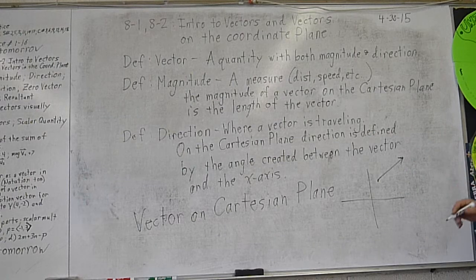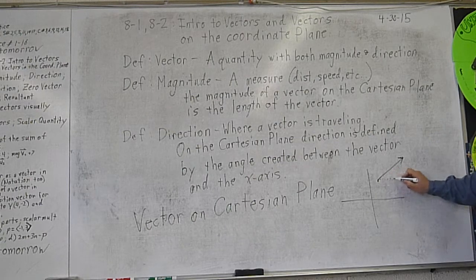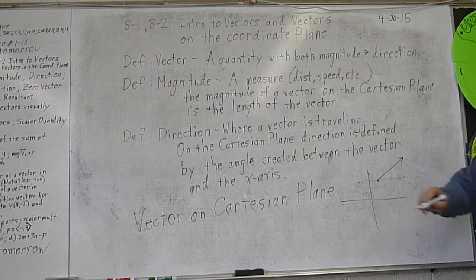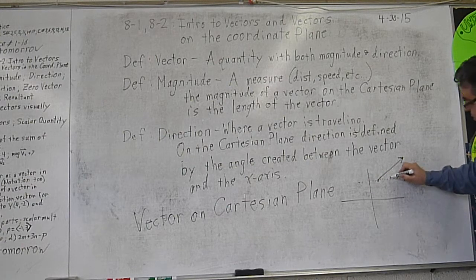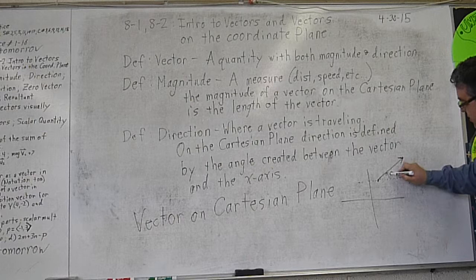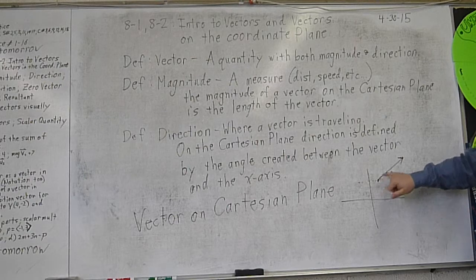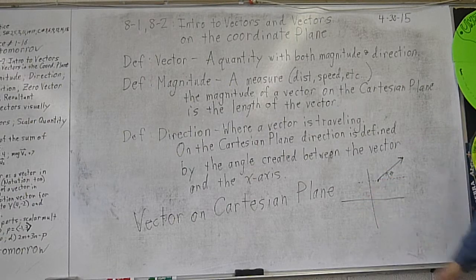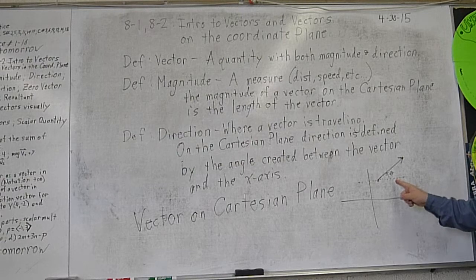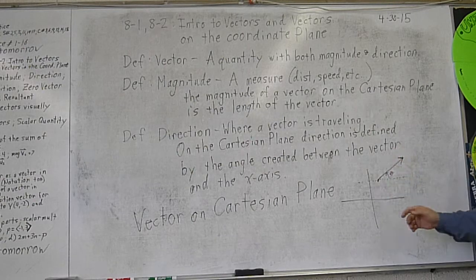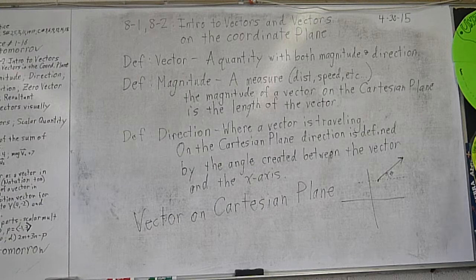And as part of the direction also, we would take the line directly parallel to the x-axis and we would measure that angle theta. And so that would be part of the direction as far as the Cartesian plane is concerned. So we got to know where it's going, whether it's going that way or that way. And we also have to know how far it is angled from the x-axis or from something parallel to the x-axis.